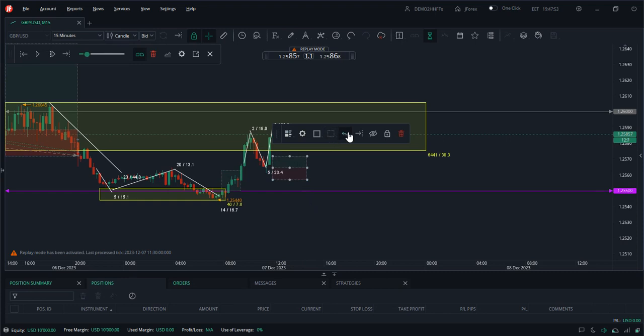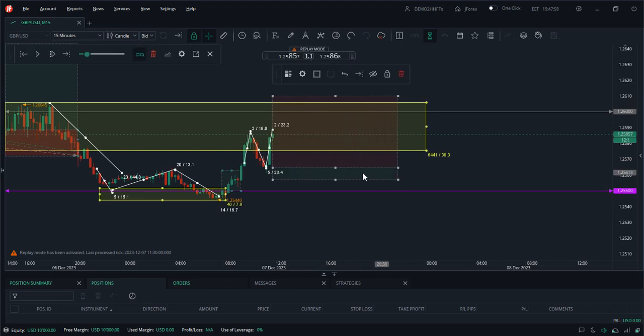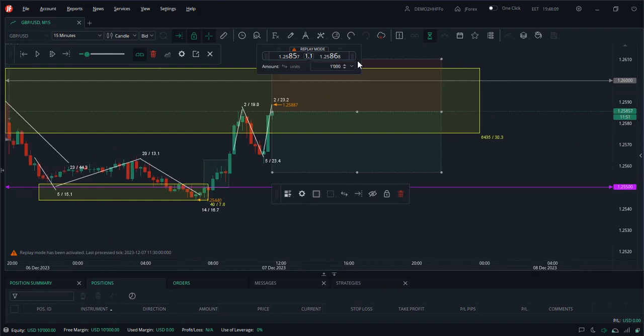I want to reverse this. Our stop loss will be below here. Our entry is here. We are risking one to get two, right? So how many are we risking here?